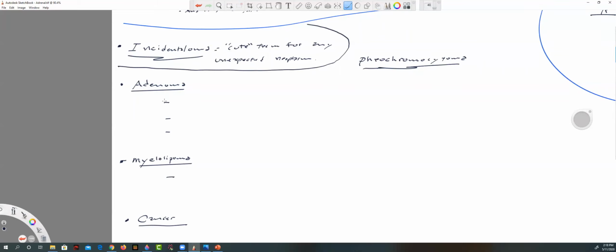Adrenal adenomas are not rare. They're common, or at least common enough.